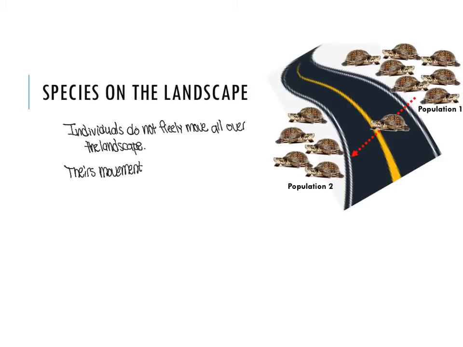Their movement is limited by barriers, which can be things like the ocean if you're not aquatic, mountains, cities. Man-made landscapes are not necessarily appropriate for a lot of critters.